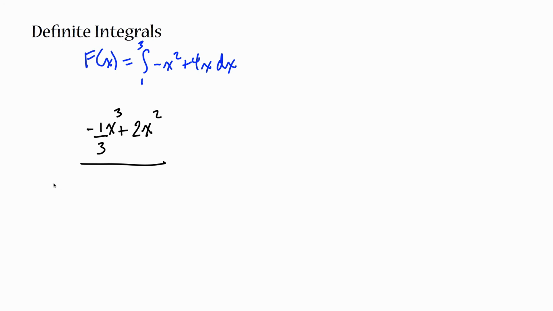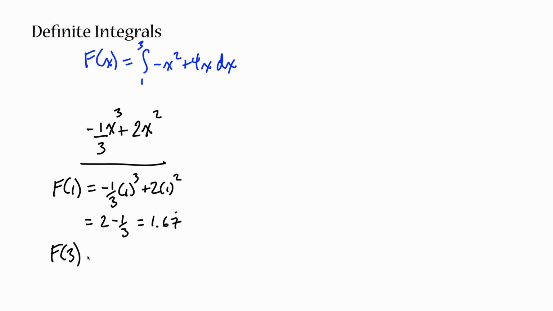So at 1, f of 1 is going to be negative 1 over 3 times 1 cubed plus 2 times 1 squared, which is 2 minus a third, which is 1.67 or so.